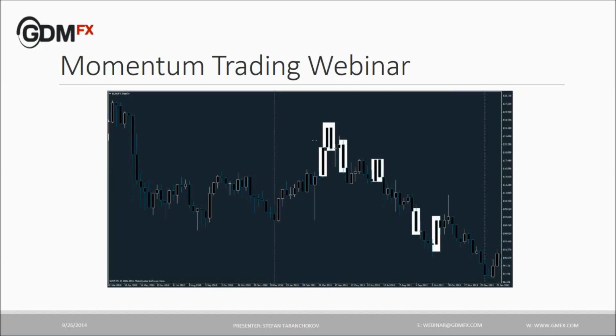As you can see in these highlighted candles, there is a well-established direction, and also there is momentum. What we are looking for is candlesticks which are large and which have little or no shadows. Shadow is this thing on the candle.